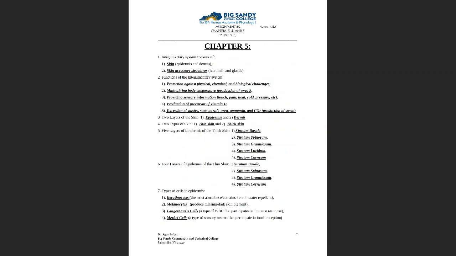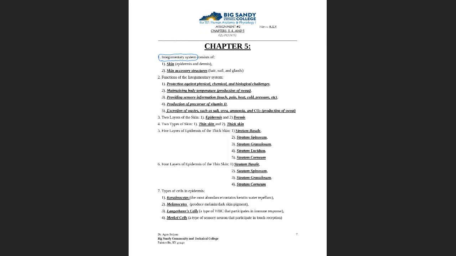Okay, now the last chapter, chapter 5, which is the first organ system for our class, the integumentary system. Remember, we have 11 organ systems in our body. The first one is the integumentary system, which is the system that covers our body and protects our body.